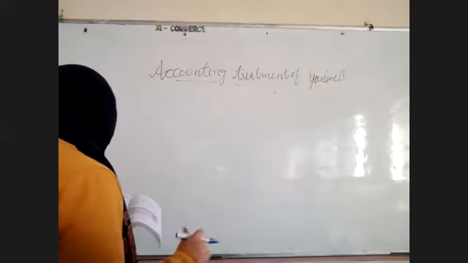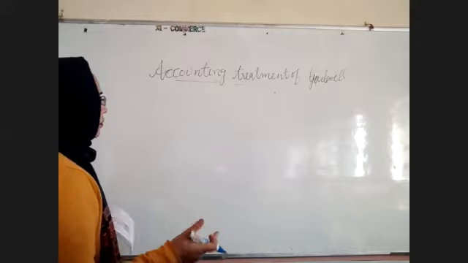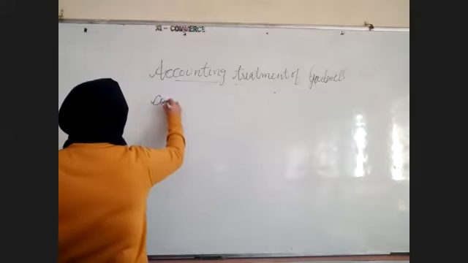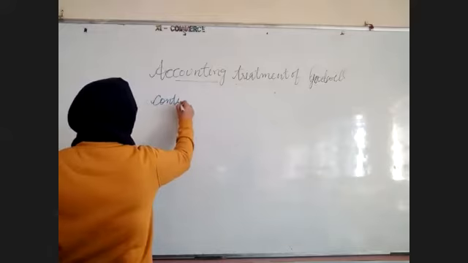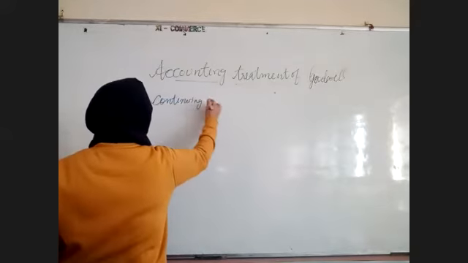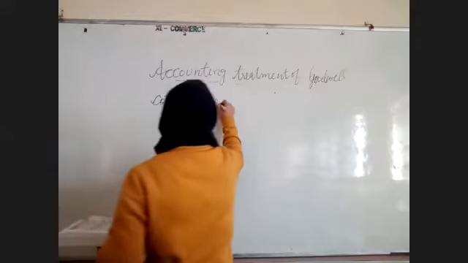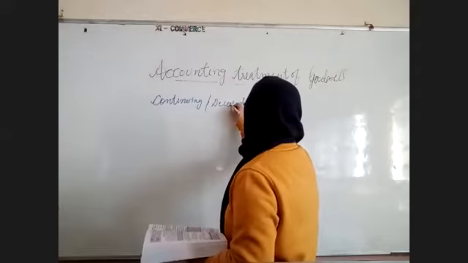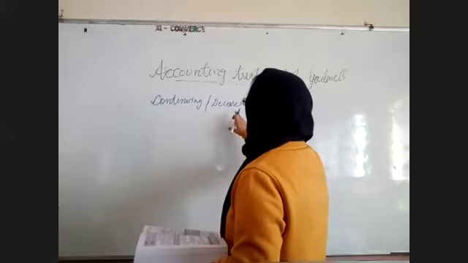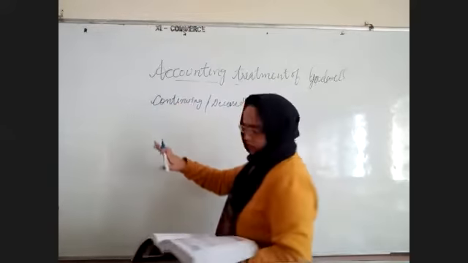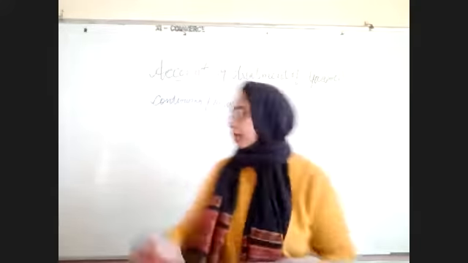And what will be the accounting treatment? Accounting treatment क्या होगा? So note down the journal entry. Continuing partners, or deceased partner, means in case of retiring, continuing partner, in case of death, remaining partners.